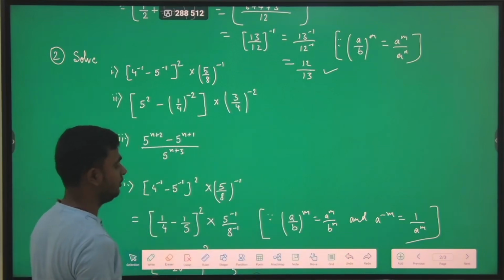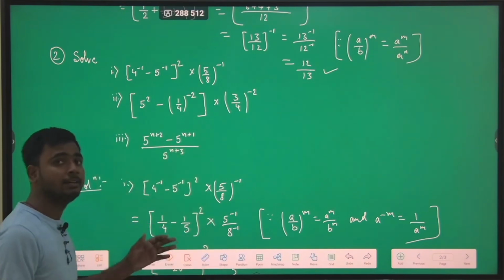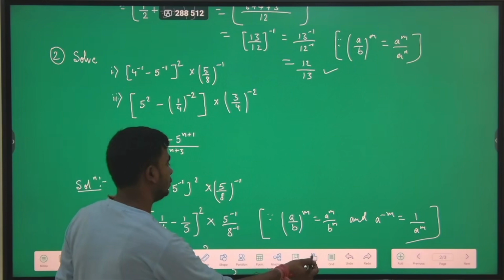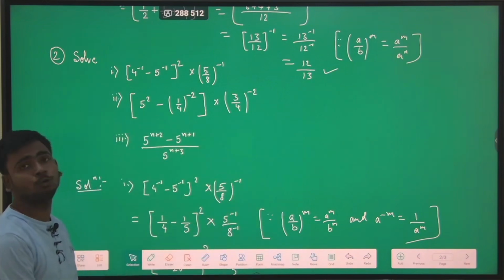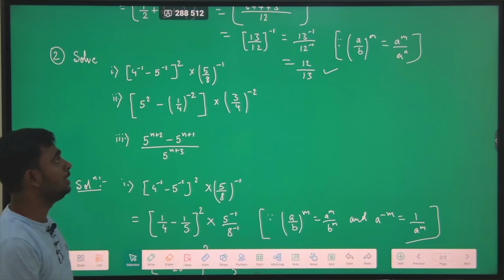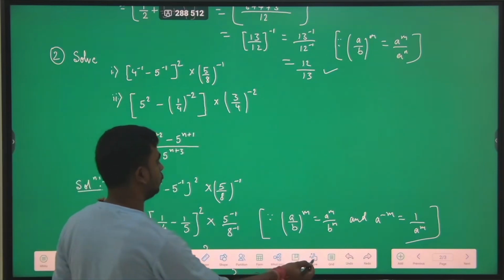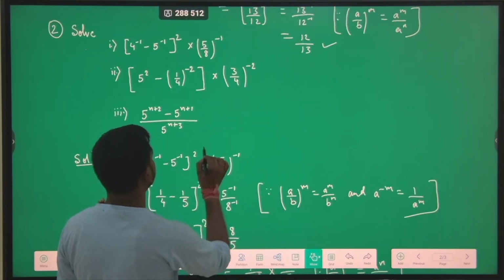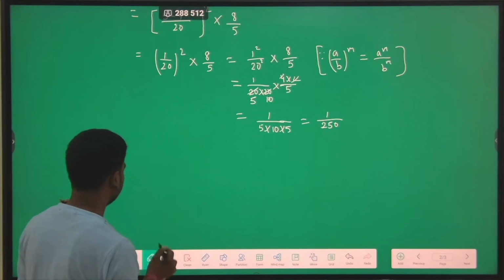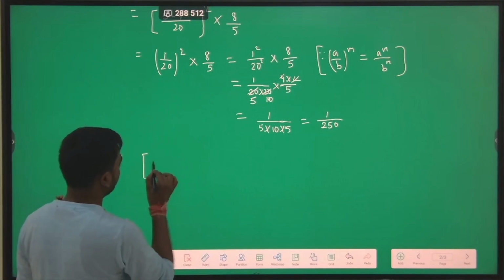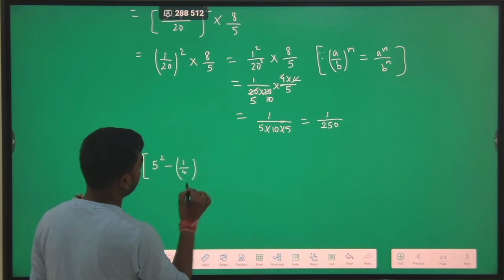So what I will do, I will write this question in the lowest part. What is it? (5 square minus (1 by 4) to the power minus 2) multiplied with (3 by 4) to the power minus 2. So (5 square minus (1 by 4) to the power minus 2) is the first part.